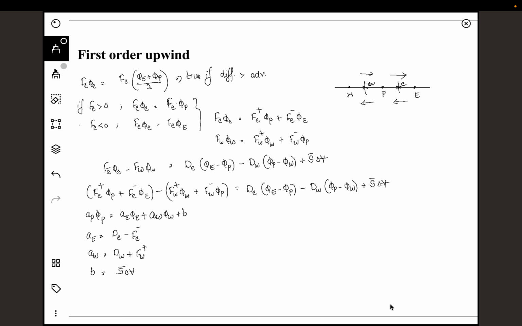And now I have to club the terms for AP. So I have to take this on the RHS. So I have a D east plus Fe plus DW minus Fw minus. So again I can add and subtract Fe minus. So DE minus Fe minus plus Fe minus, add and subtract Fw plus.